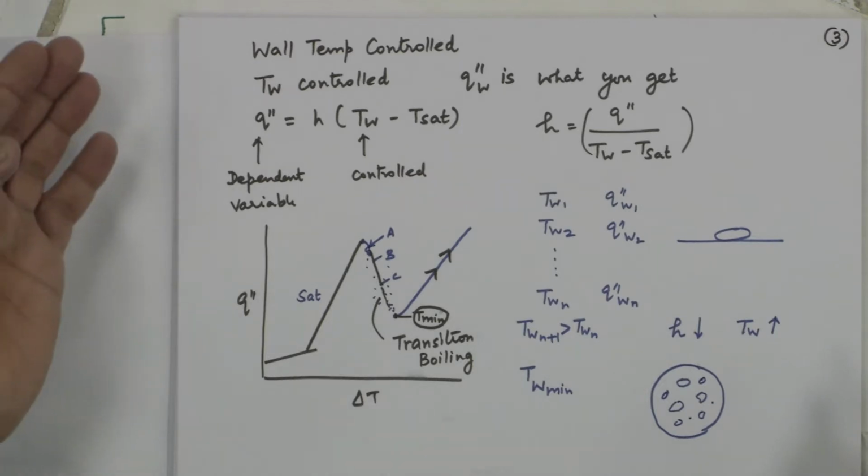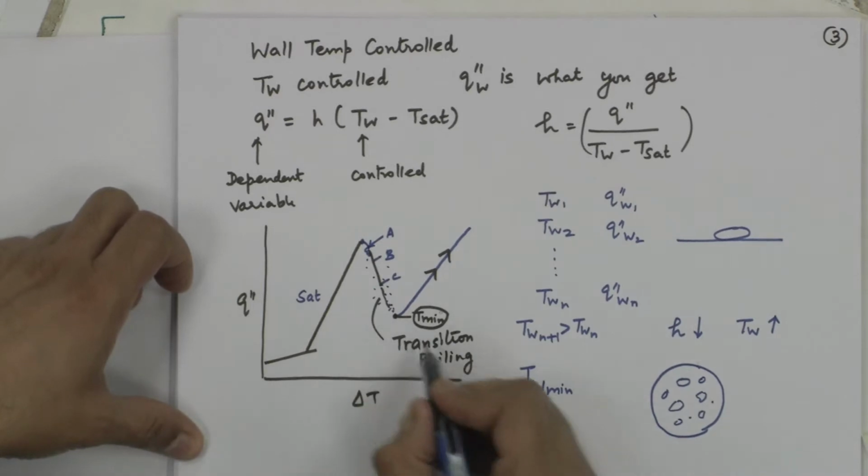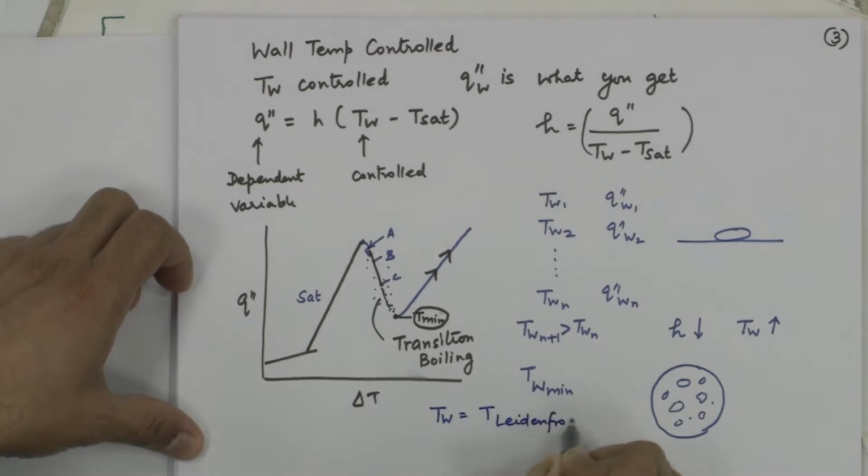This situation finally becomes worse when I go to T wall equal to T Leidenfrost, which we call the Leidenfrost temperature or minimum film boiling temperature, given the term T min.